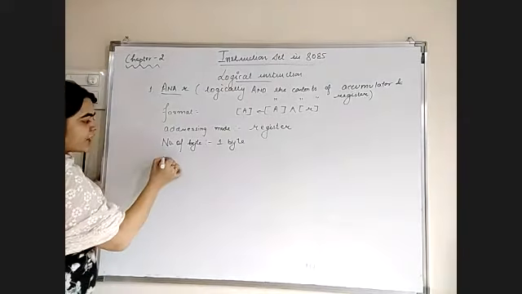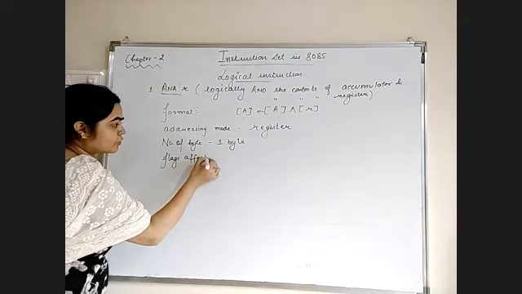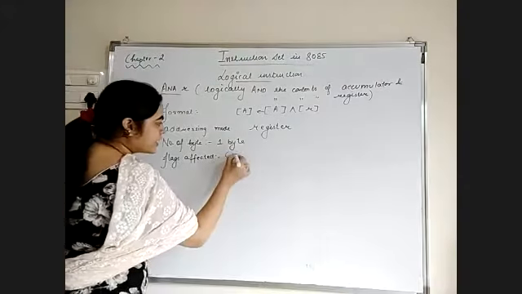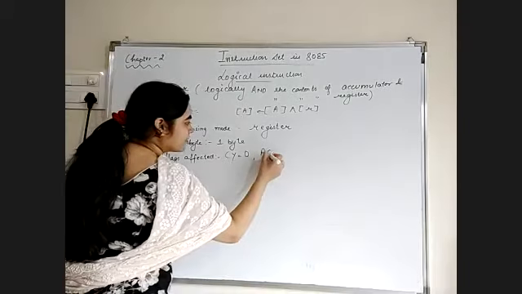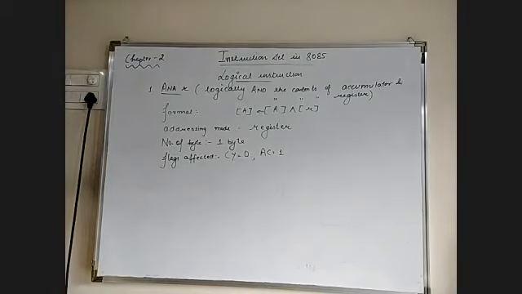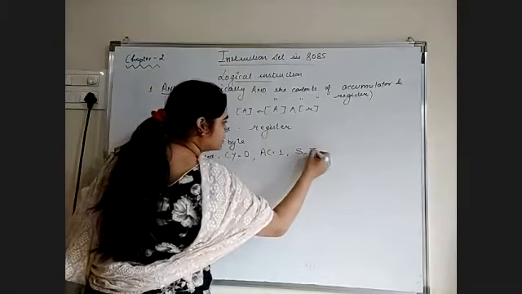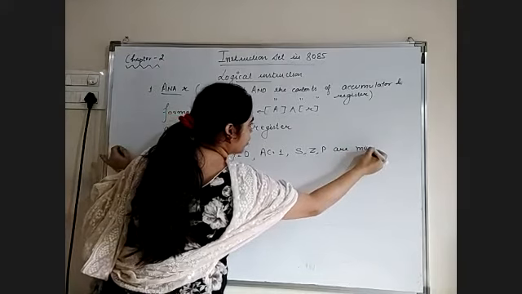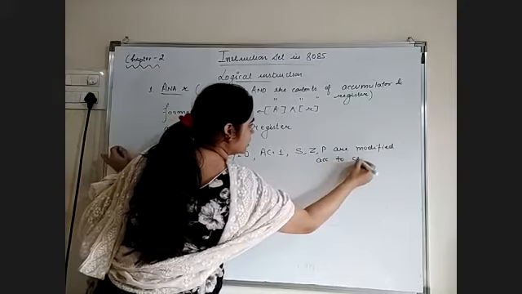Now next we have the flags affected. So in case of logical AND in 8085, carry flag is always in the reset condition and auxiliary carry is always in the set condition, and along with that other flags like sign flag, zero flag, and parity flag are modified according to the contents in the accumulator.